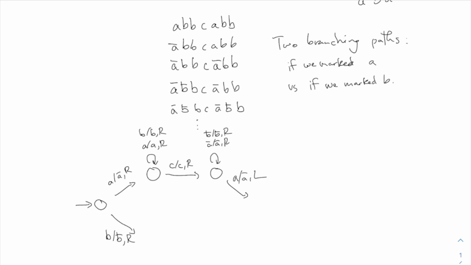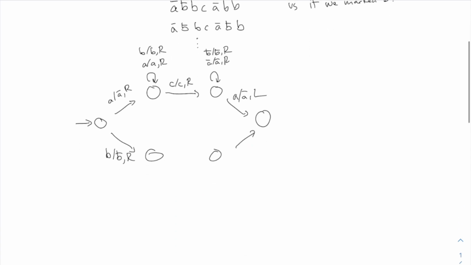So the two branches are going to look like this, right? This is the one where you started by reading an A, and at the end, you read another A. And this one is going to be basically the same, but it begins with reading a B, and at the end, it reads another B. So let's fill in the bottom path here. It's all the same.